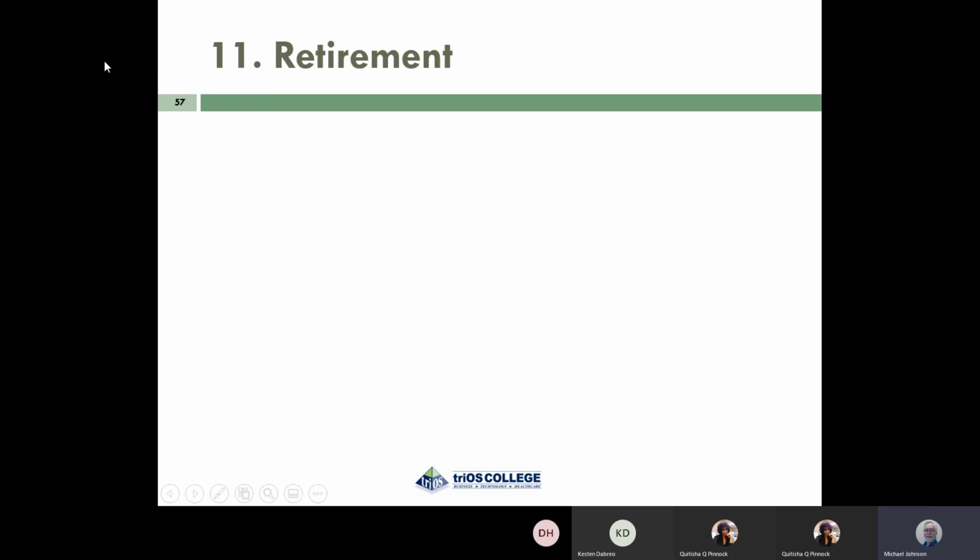Of course, this is also something that needs to be worked into things. If people are getting close to retirement, you need to know that. You need to know what their plans are, because usually when a person is retiring from a company, they have a lot of years of experience and it's hard to replace them. So sometimes it's necessary a year or 2 years in advance to start training people to take over that position when the individual leaves.